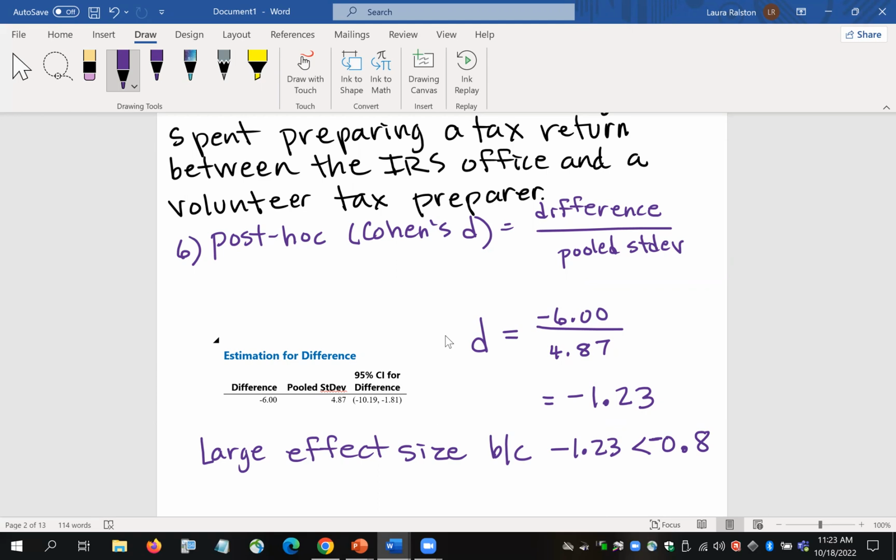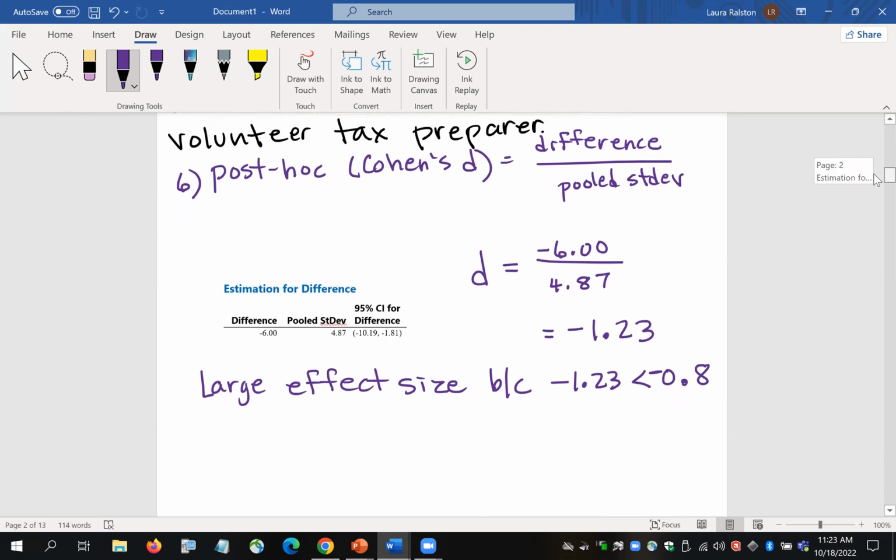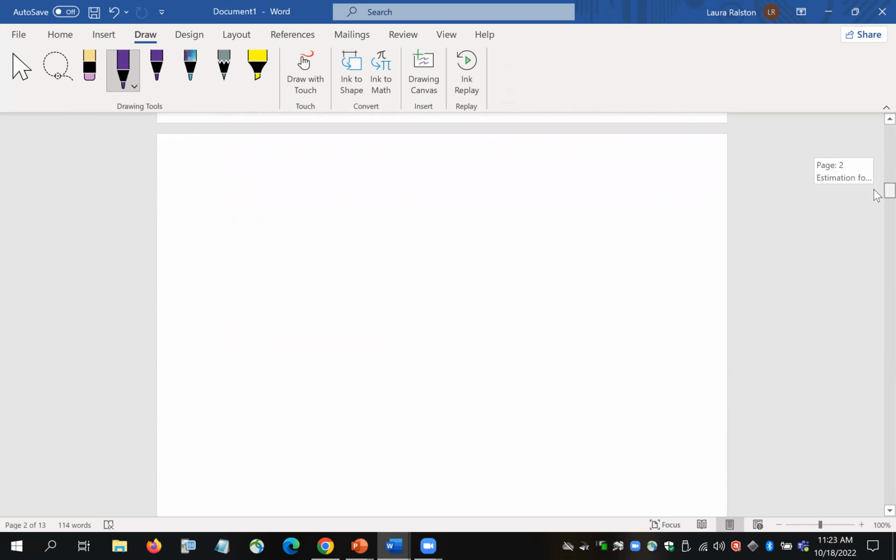And again, we make the assumption with our independent test that we have a normal distribution, which allows us to compare the means. But probably more times than not, in the real world, we may have a distribution that is not normal. And so we have to have an alternative way to make a comparison.